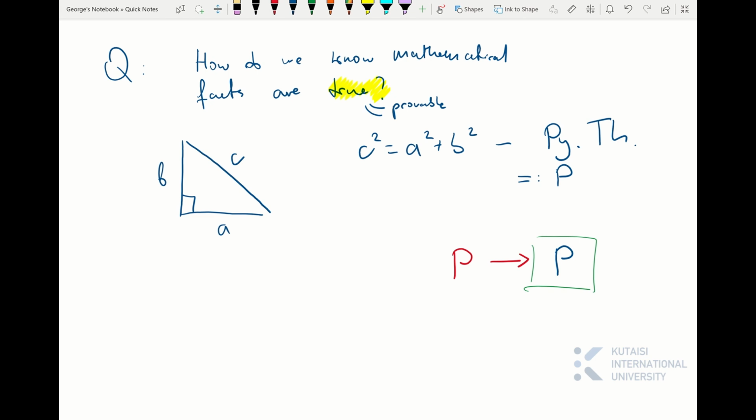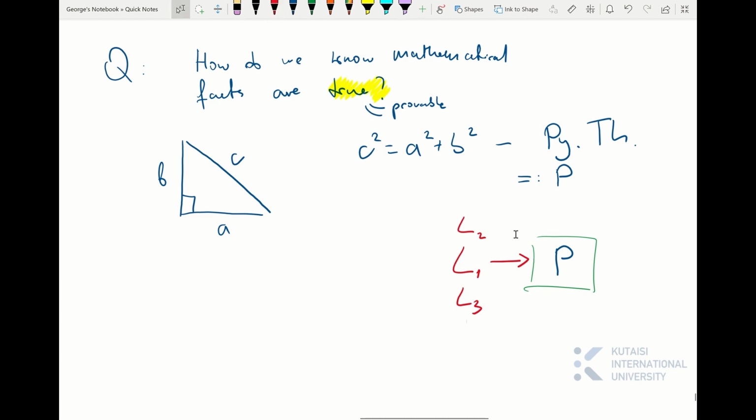There might be many different proofs of Pythagoras' theorem, but there might be some statements, usually called lemmas, let's call them L1, L2, L3, and together they imply P.